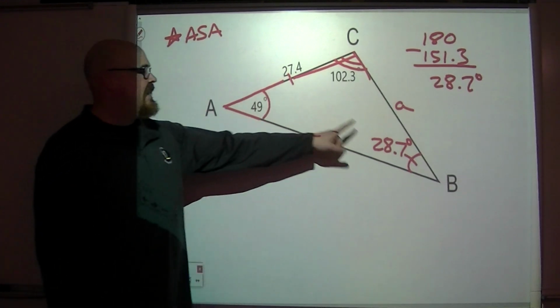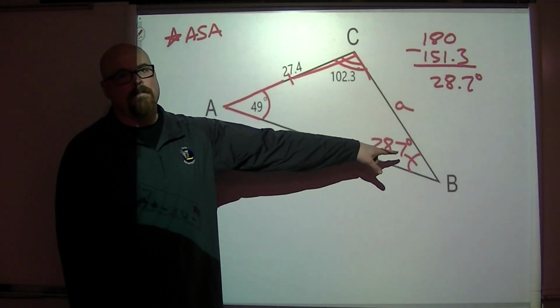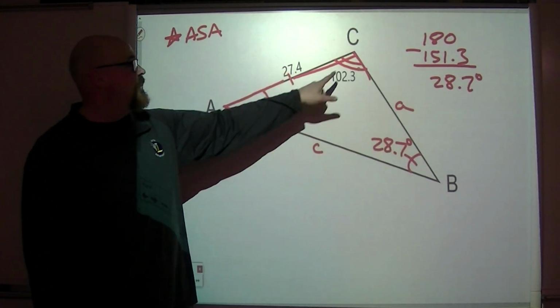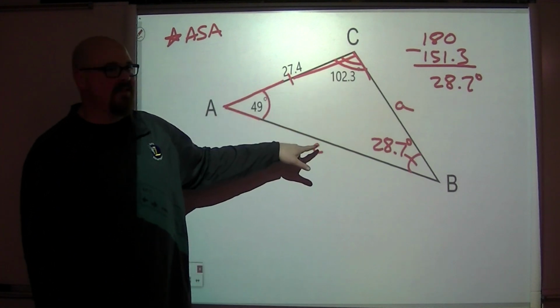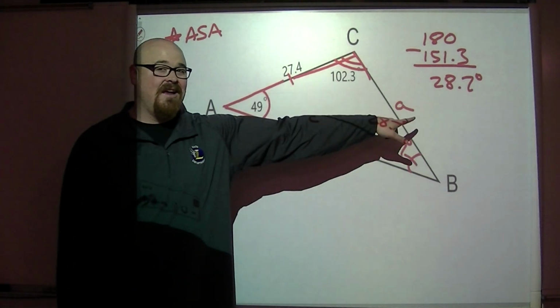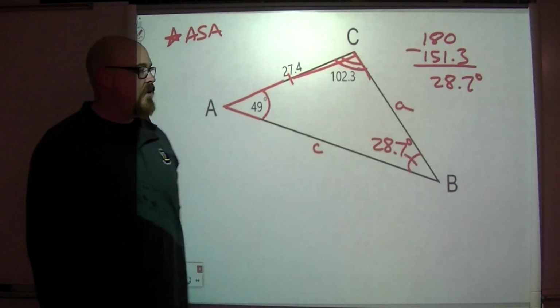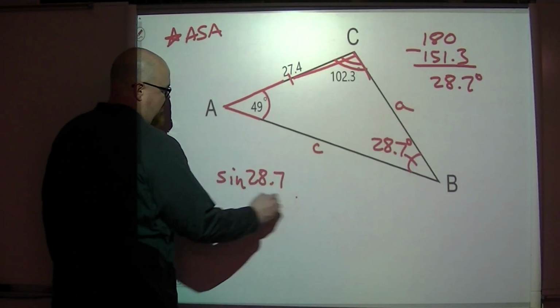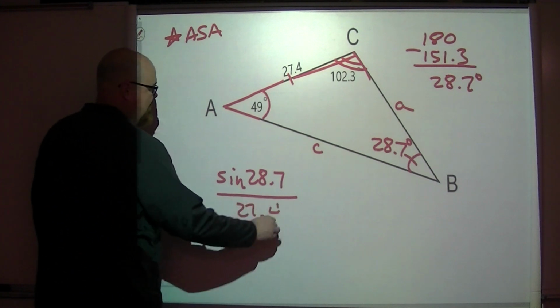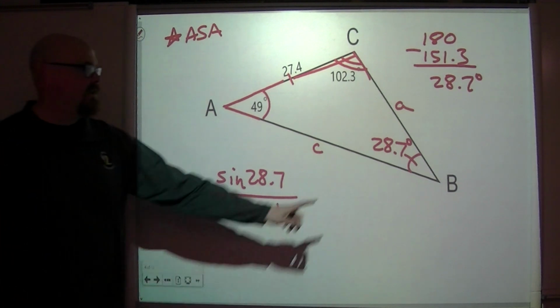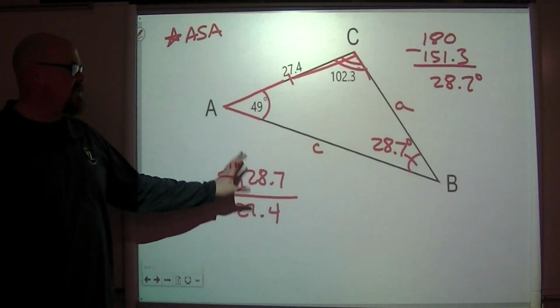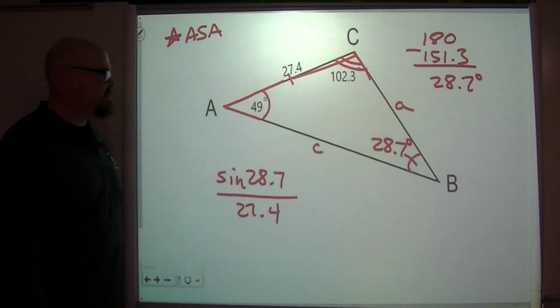So that's why finding this angle was so important. Because now I know this angle and I know this side. Before, I knew this angle but not this side, I knew this angle but not this side. So I had to find that third angle first so that I could set up this ratio between the variable B here, the angle and the side. Now I can use this to solve for whatever's missing.